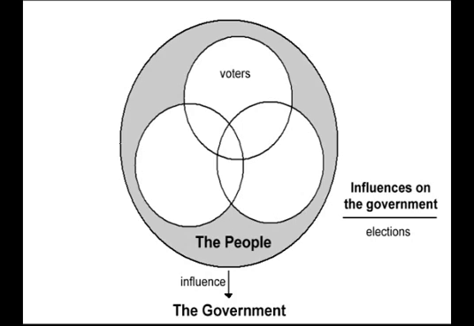And that's because the people also are involved in interest groups. Interest groups influence politicians through various kinds of activities. One of them is lobbying, and another one is political activism.